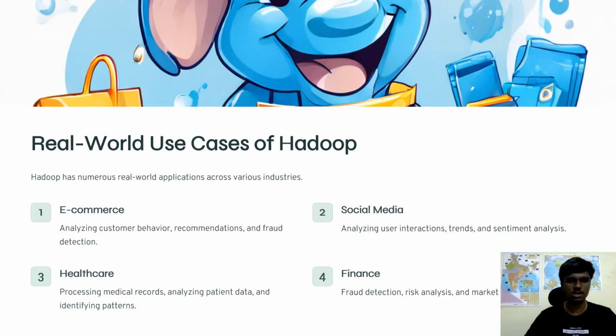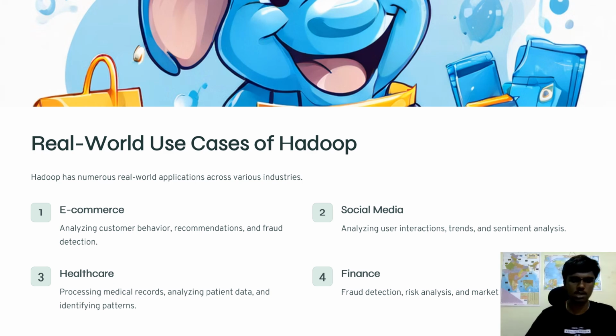So the real world use cases of Hadoop. Hadoop has numerous real world applications across various industries. The first one being e-commerce, analyzing customer behavior, recommendations, and fraud detection. The second one being social media, analyzing user interactions, trends, and sentiment analysis.